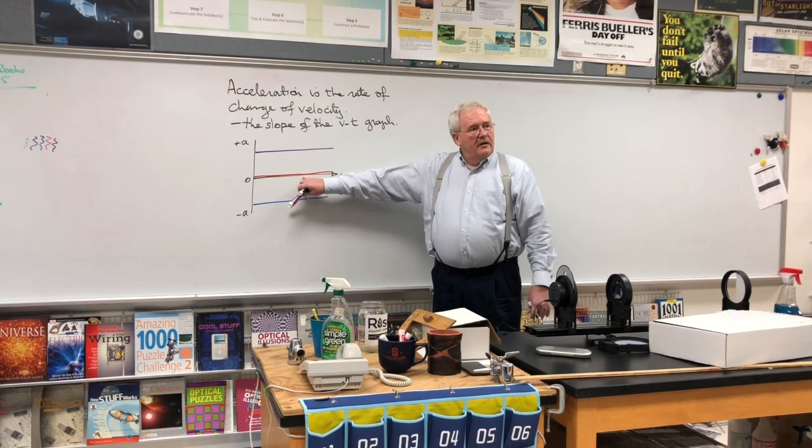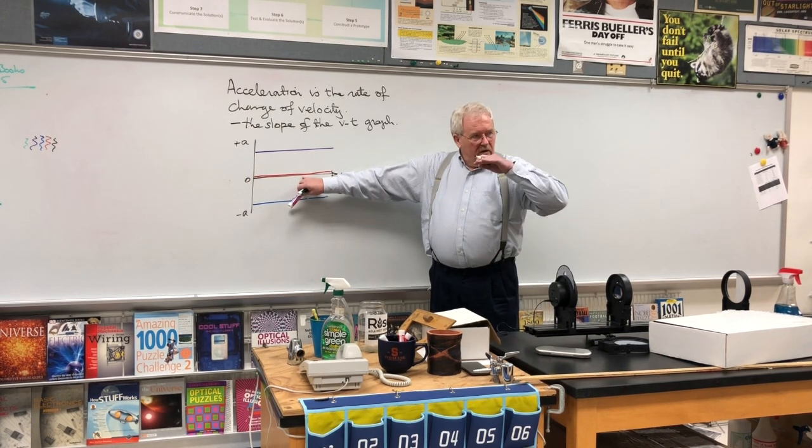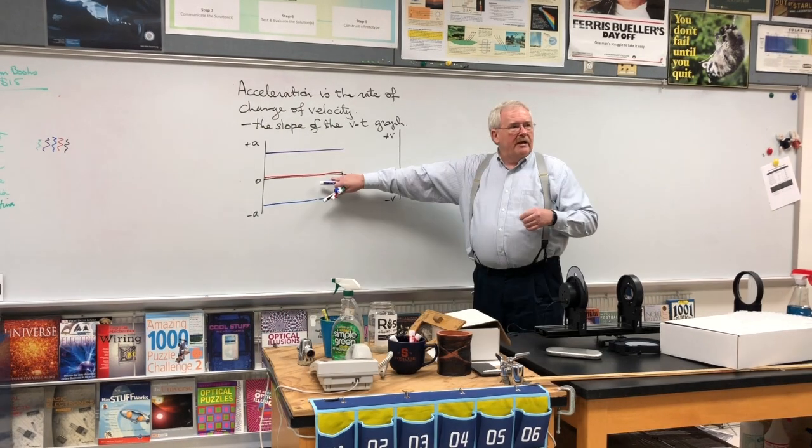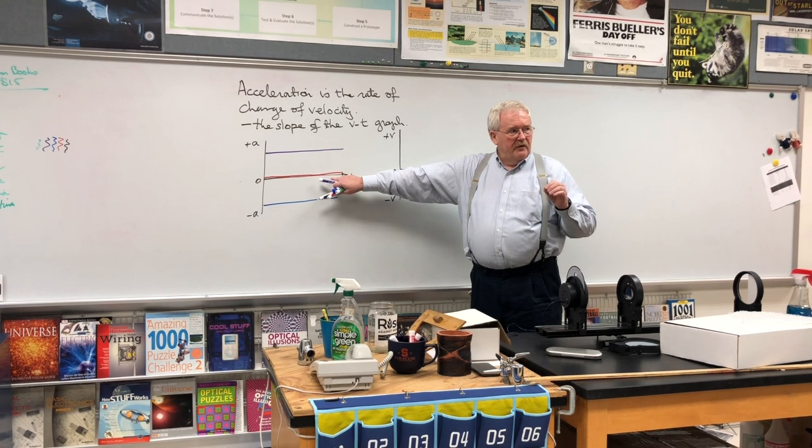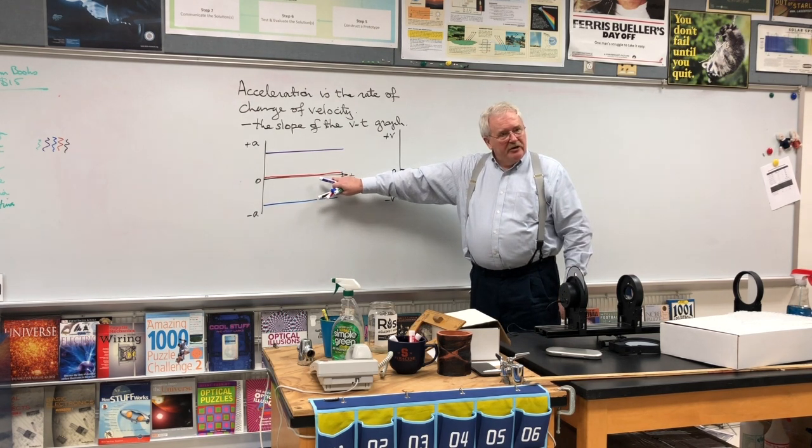If this is the slope of the velocity time graph, it's saying we've got a constant slope or zero acceleration. How would that appear on a velocity time graph? There's three different options, believe it or not, even though it's zero acceleration.